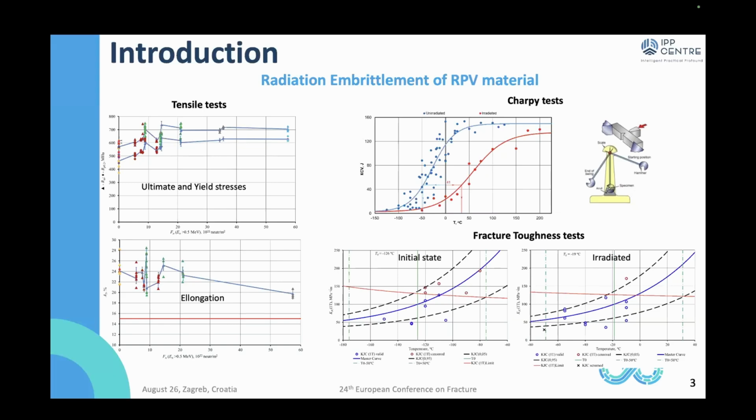Also, here you can see the Charpy curve shift and fracture toughness T0 shift, the initial state and the radiation state. These effects affect the RPV integrity assessment and must be taken into account for the lifetime extension.